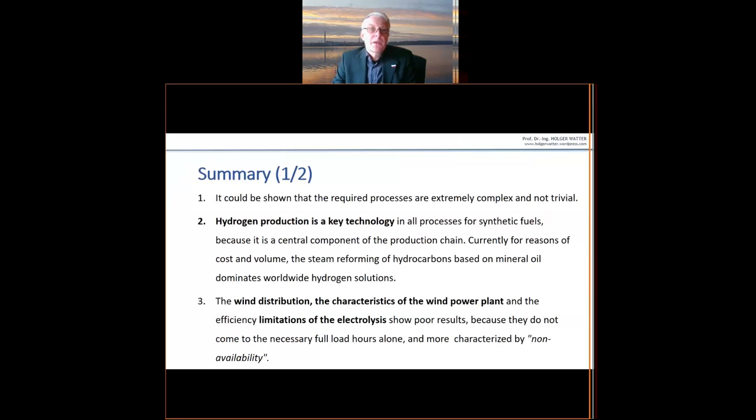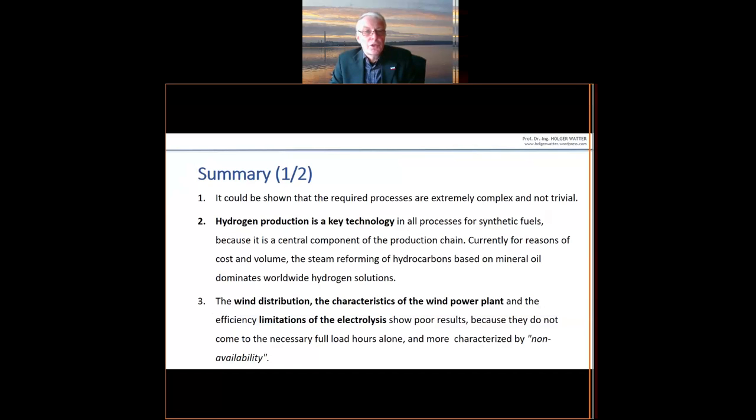Let's summarize. It could be shown that the required processes are extremely complex and not trivial. Hydrogen production is a key technology in all processes for synthetic fuels because it is a central component of the production chain. Currently, for reasons of cost and volume, the steam reforming of hydrocarbons based on mineral oil dominates worldwide hydrogen production.